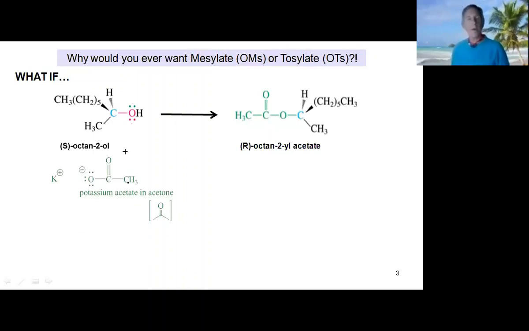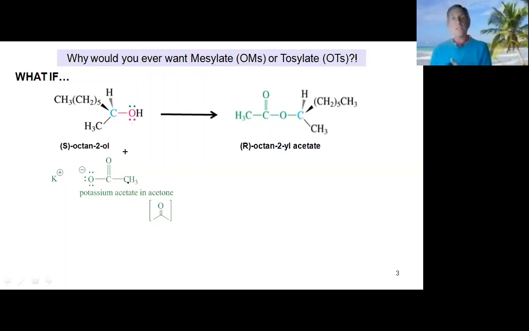So up pops potassium acetate, and I put it in acetone because, remember, that is an aprotic solvent. So that would even favor my SN2 reaction. But most importantly, potassium acetate dissolves in acetone. So I get my acetate and an aprotic good solvent for SN2. It's ready to do a backside attack.